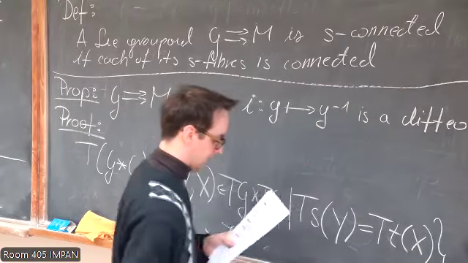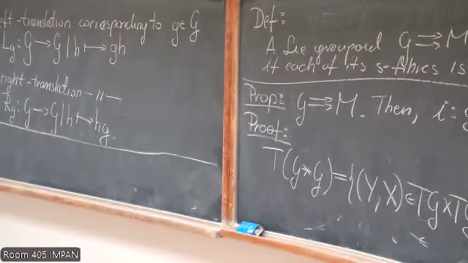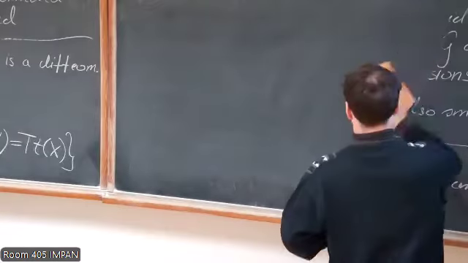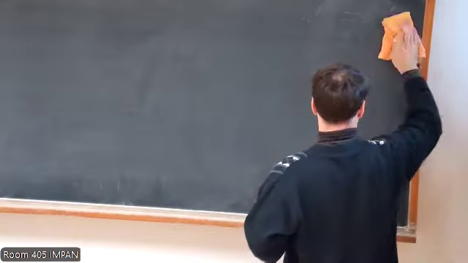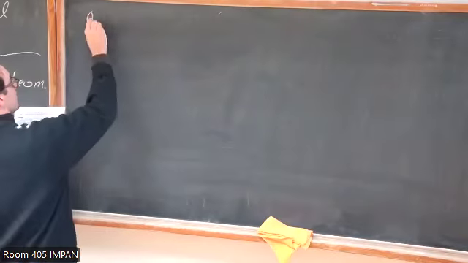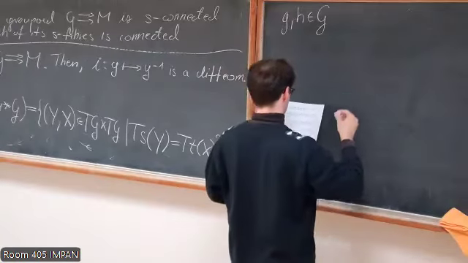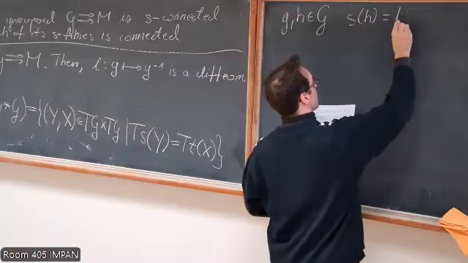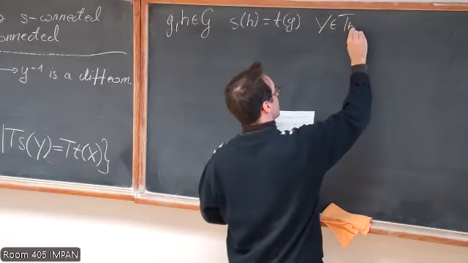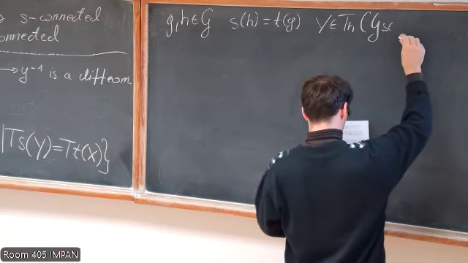That's good. Let us take g and h in G such that the source of g is the target of h, and y is in the tangent space at h.